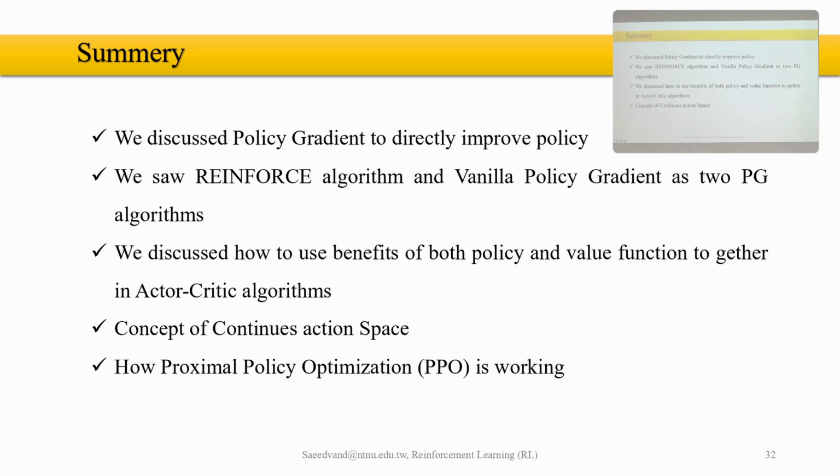Then we talked about the concept of continuous action space, and we saw that we can bring it into the form of a Gaussian distribution over the action space. A whole unlimited number of actions can be represented by a Gaussian distribution, changing the error and the mean to estimate what to do at each time. And finally, how PPO works and the general concept behind it.